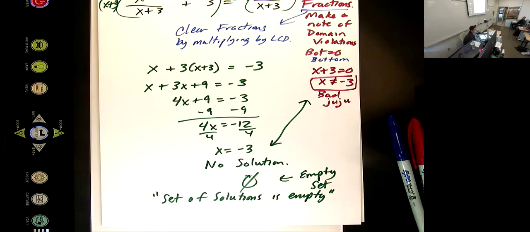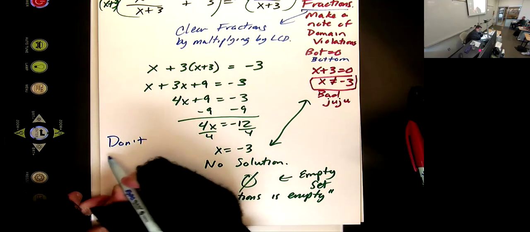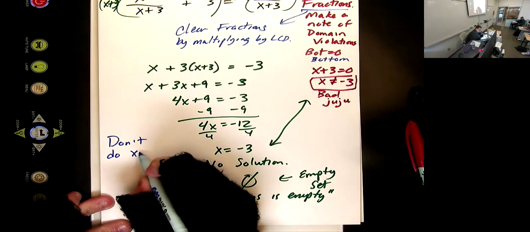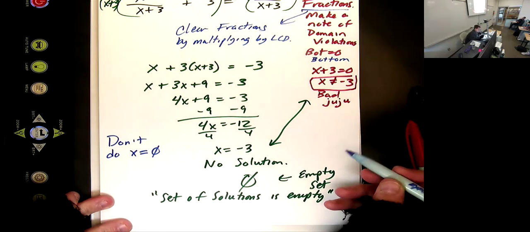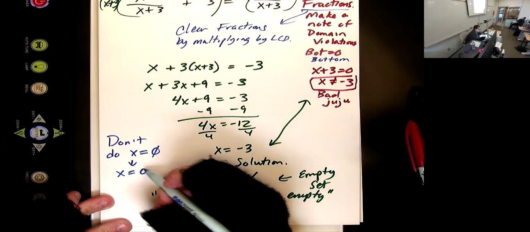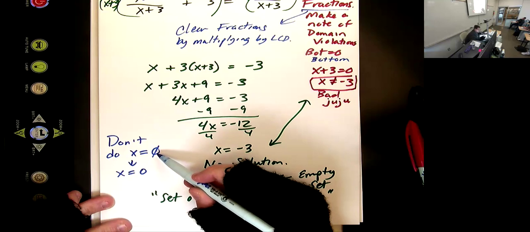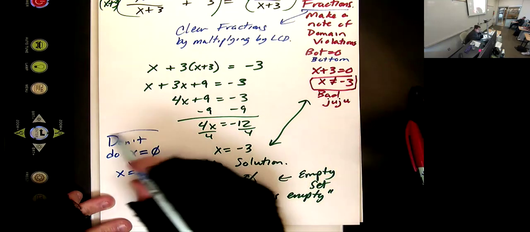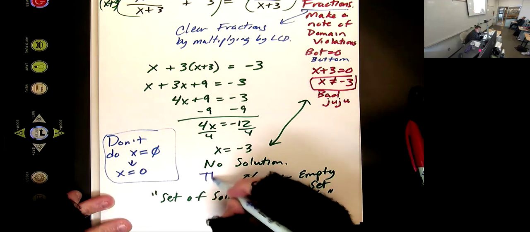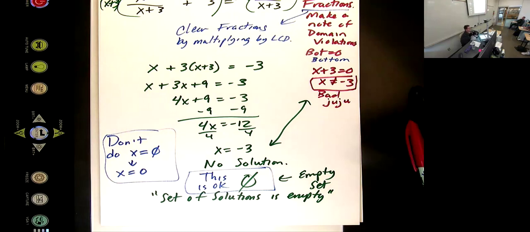No, just 0 with the line. That's not the same thing. I'm glad you brought this up. Don't do x equals that. For some people, that is equivalent to saying x equals 0. A lot of people do that to separate it from O's. So don't do this. This is okay. Just putting the circle with the line through it.